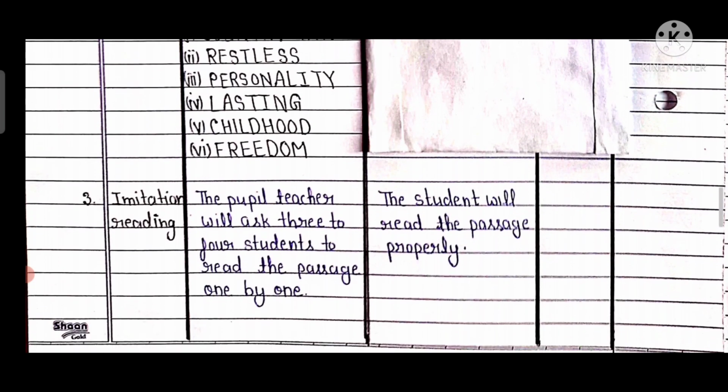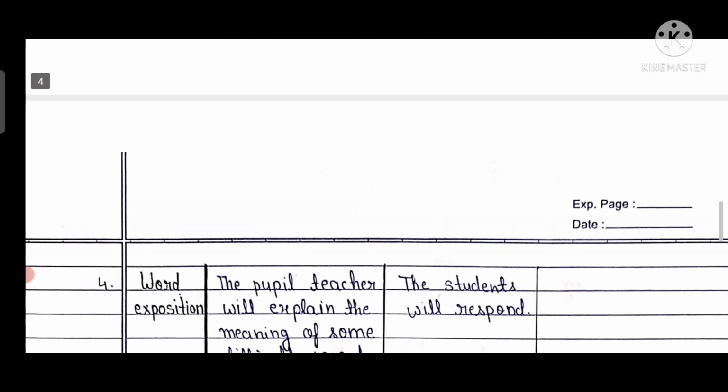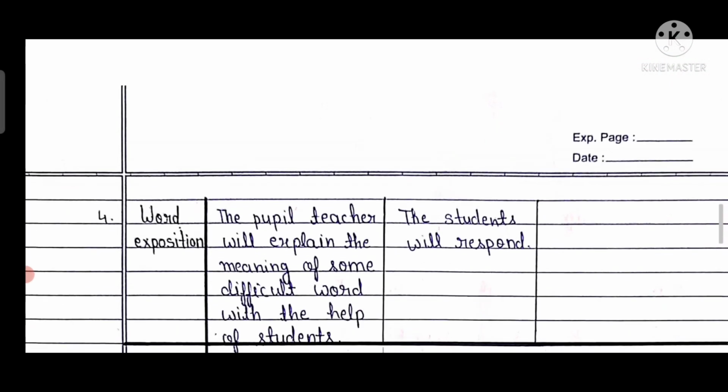Next step is imitation reading. In teaching point, imitation reading, the pupil-teacher will ask 3 to 4 students to read the passage one by one, and student activity, the students will read the passage properly, and device and method, textbook method. Then the next step is word exposition.